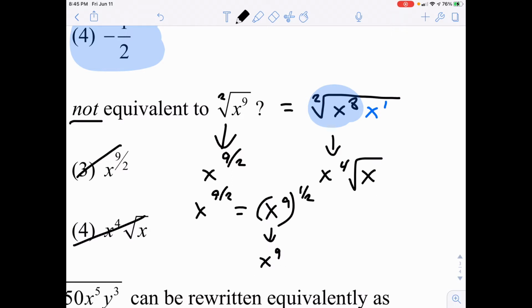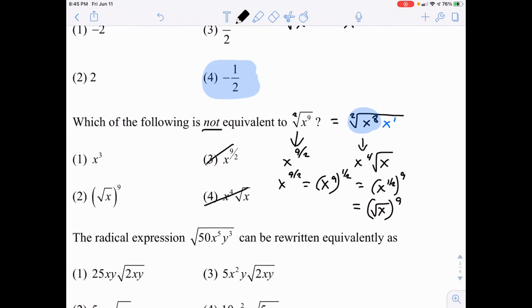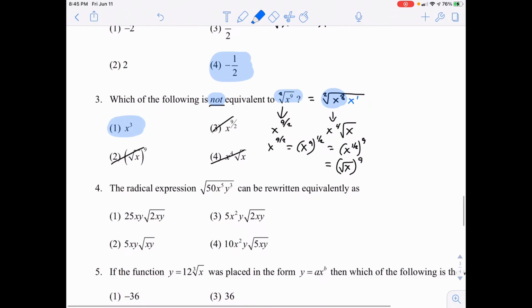But it could also be written as x to the 1/2 power raised to the 9th power. That's also 9/2. And in that case, it would be the square root of x raised to the 9th power. So I can eliminate that one as well, making x to the 3rd the only one that's not equivalent to the square root of x to the 9th power.